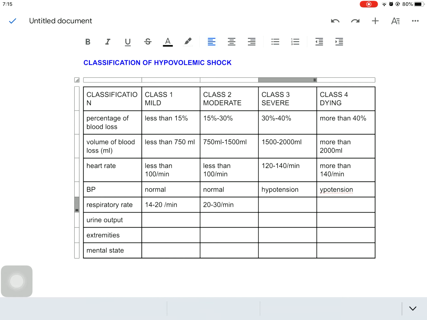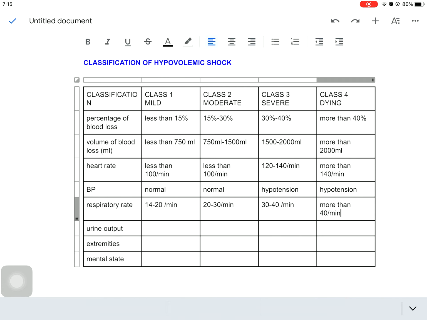For class 3, they are more tachypneic than class 2, about 30 to 40 breaths per minute. For class 4, they are really in a tachypneic state, usually more than 40 breaths per minute.